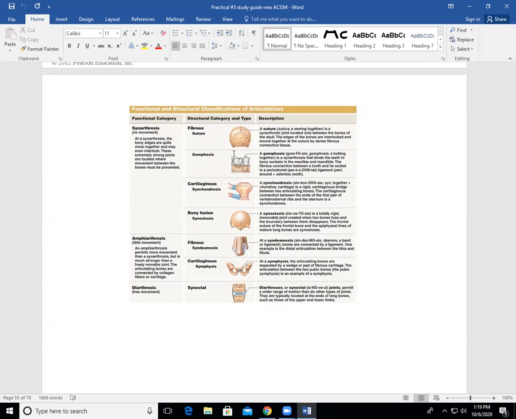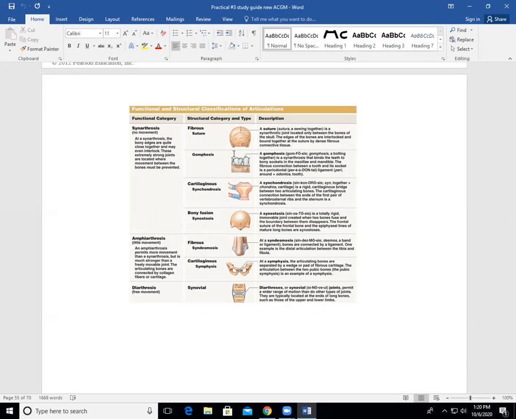Before we get there, if you want to describe joints structurally, they can be fibrous, cartilaginous, bony, or synovial. Under synarthrosis, you have the suture, which is fibrous, and the gomphosis, which is fibrous.